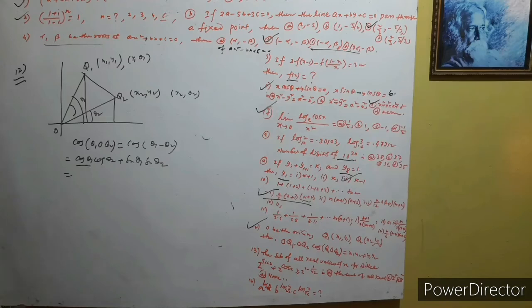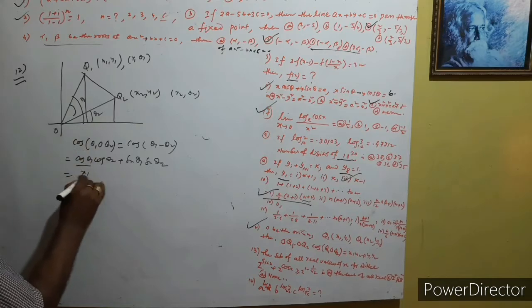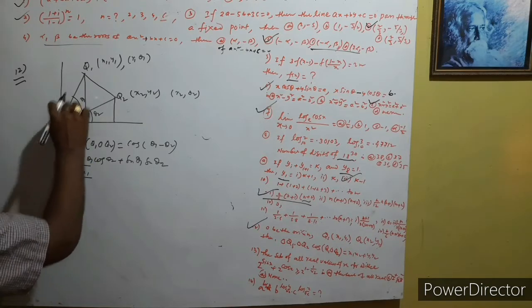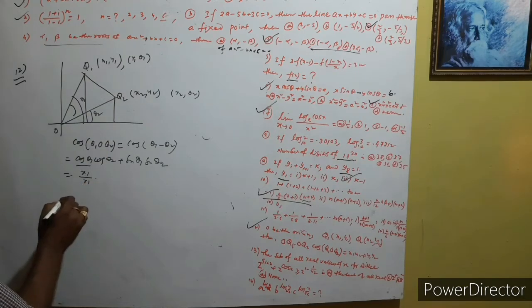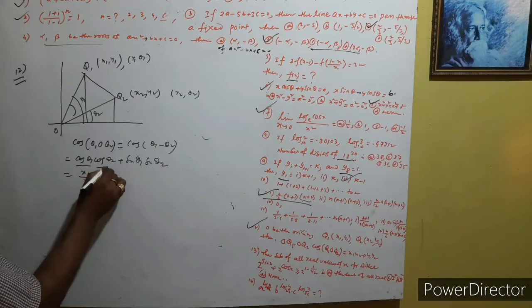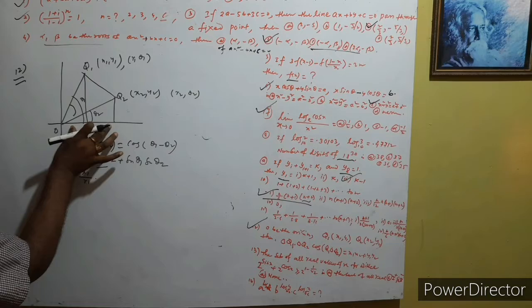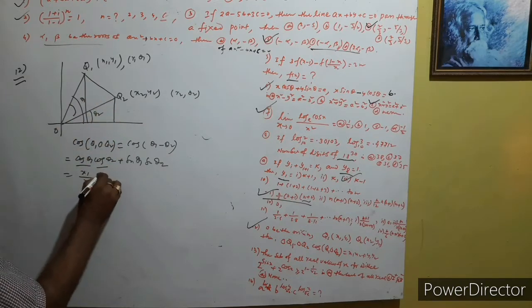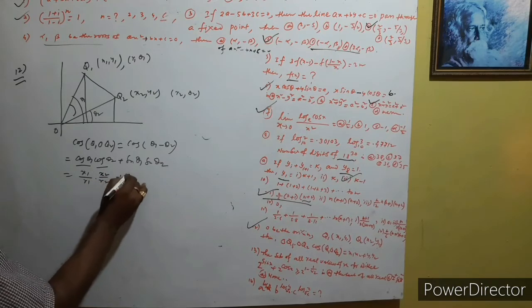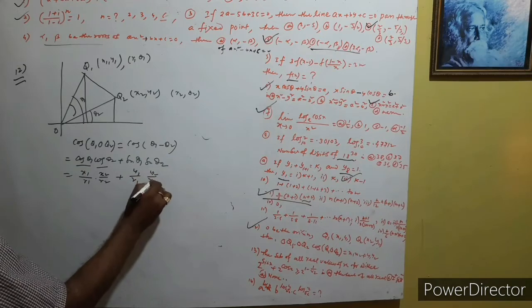Cos theta 1 is x1 by r1, and cos theta 2 is x2 by r2, same as y1 by r1 and y2 by r2.